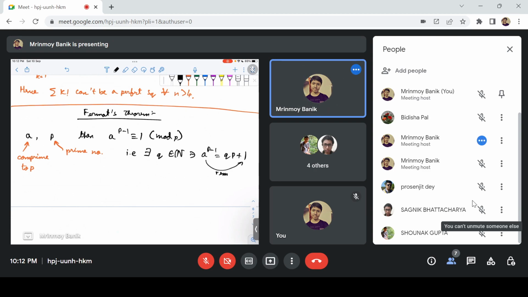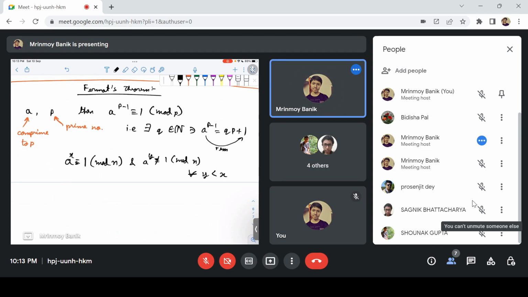So these have a name, right? If for any number a and for any divisor n, a power x is congruent to 1 mod n, and a power y is not congruent to 1 mod n for all y less than x, then we say x is a root of the equation a power x congruent 1 mod n.